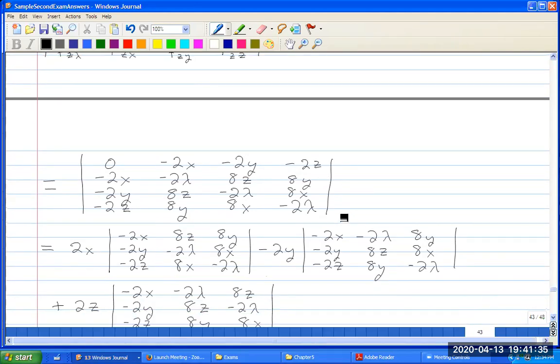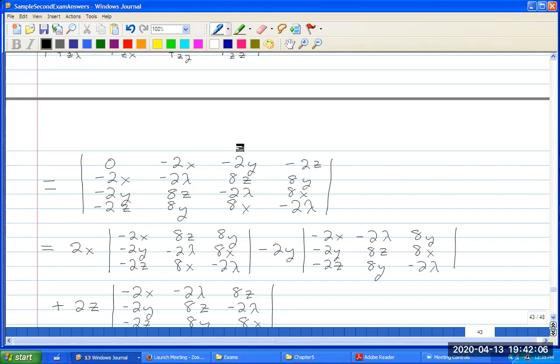Okay. So let's expand along this first row. It doesn't really matter which way you do it. And so you get 0, so that doesn't give you anything, minus a negative 2x, so it's a plus 2x. Get rid of this column in this row, so you get this.